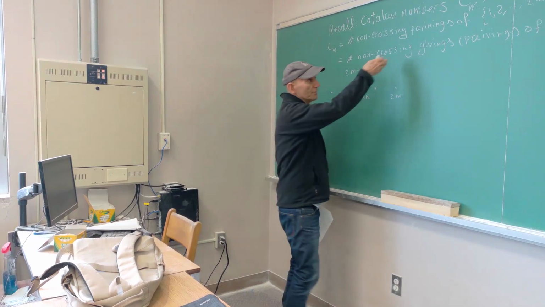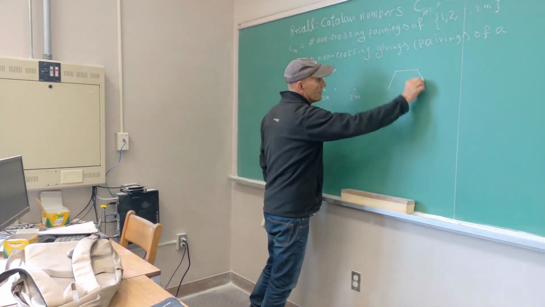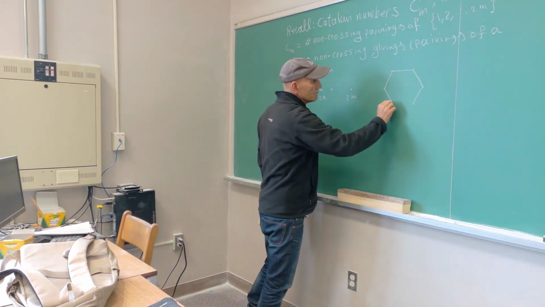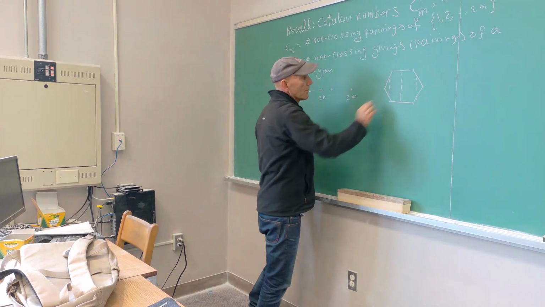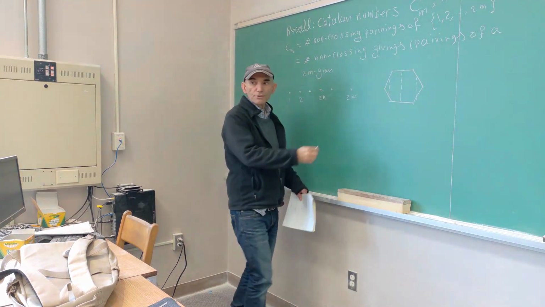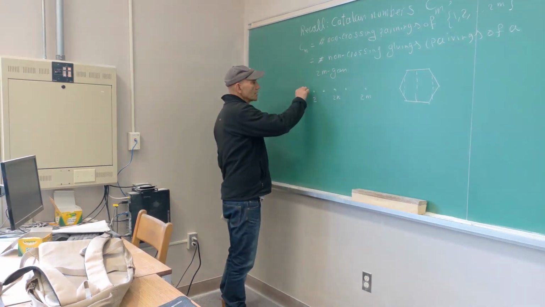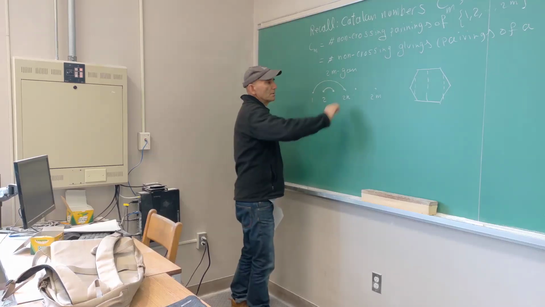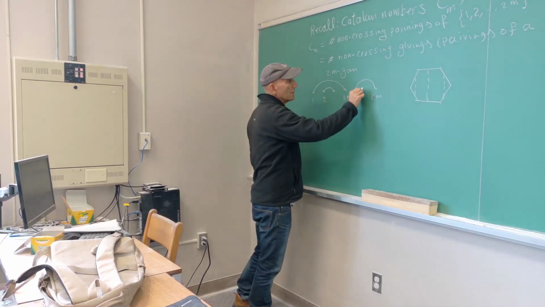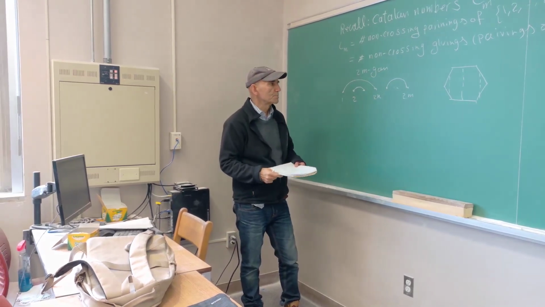And then if we think of polygon gluings, we're thinking of gluings like this, not crossing over each other. So in this case, for example, we have something like this. It says they don't go over each other.